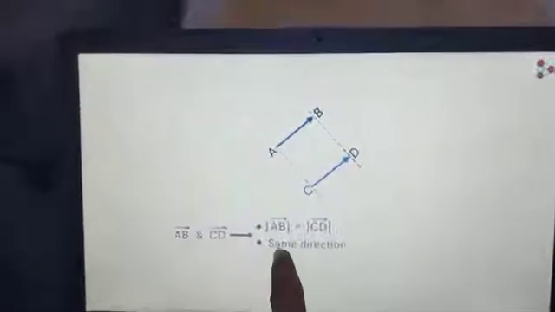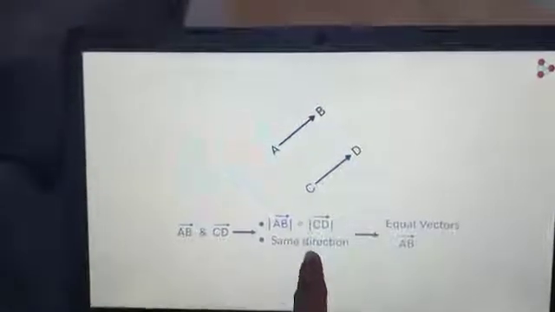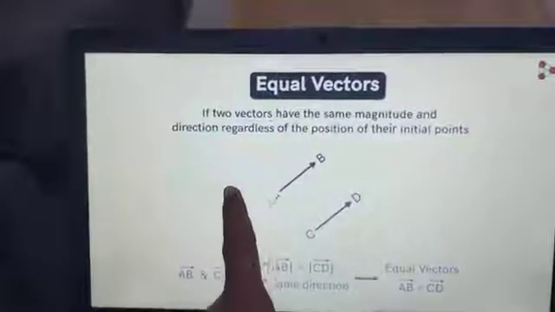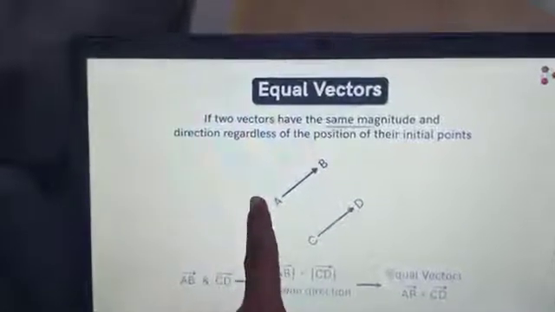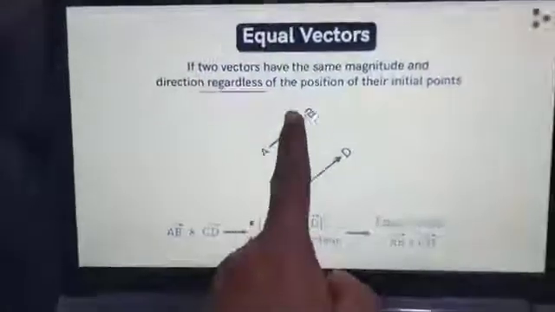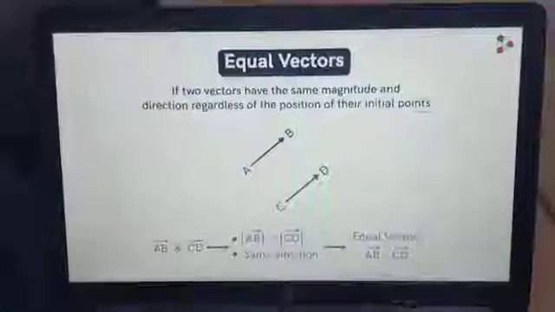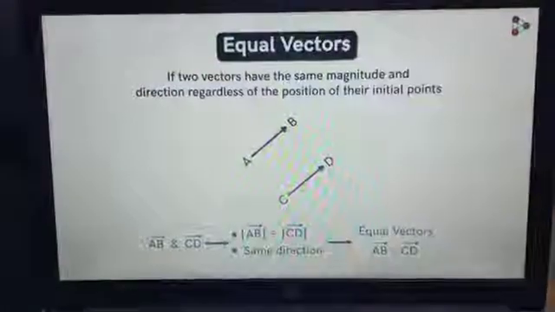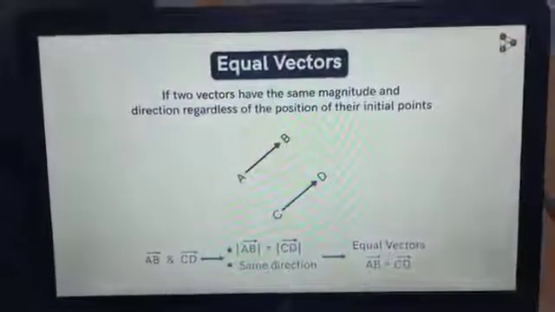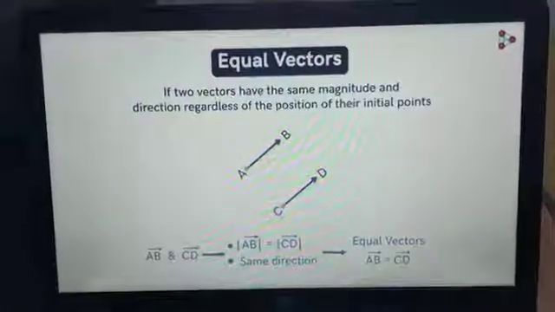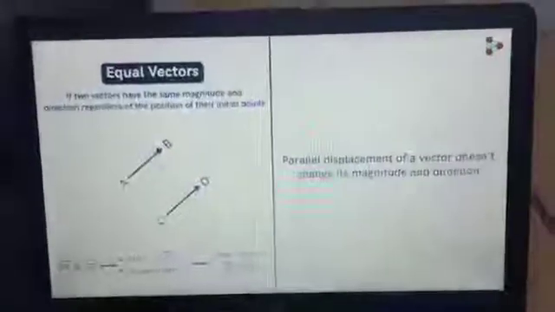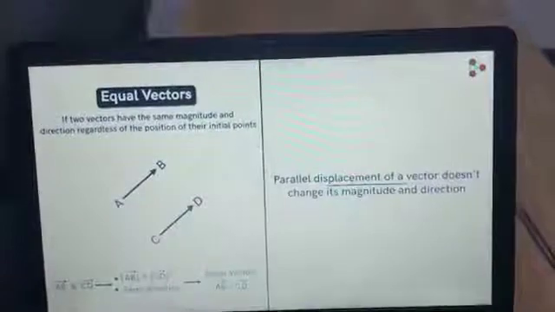You see here, the magnitude of AB is equal to the magnitude of CD. These two vectors are equal since they have the same magnitude, the same direction, and don't forget the third one: they must be the same type of quantities. You can make two vectors equal if they are force and force, acceleration with acceleration, velocity with velocity, displacement with displacement.